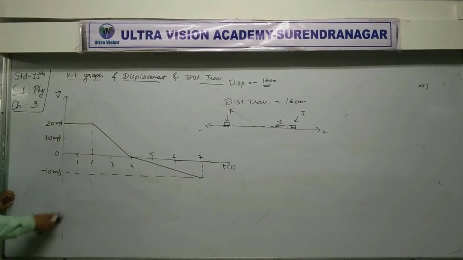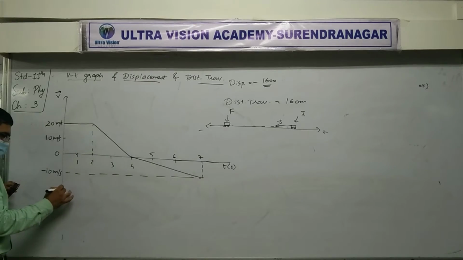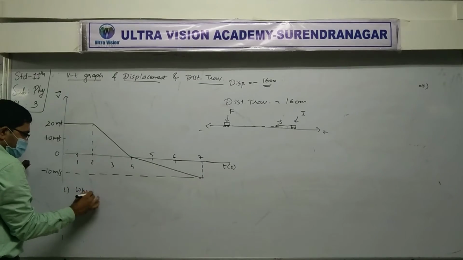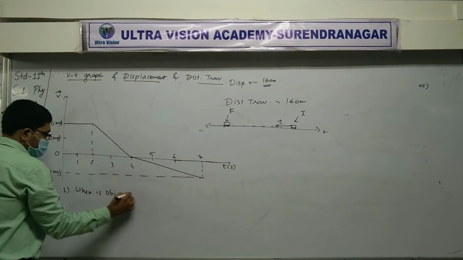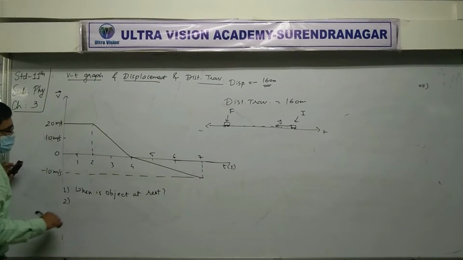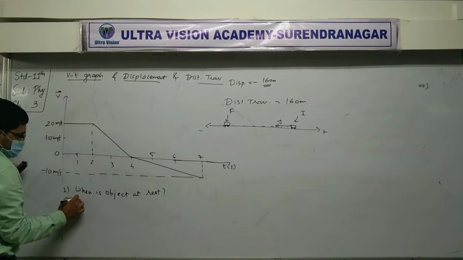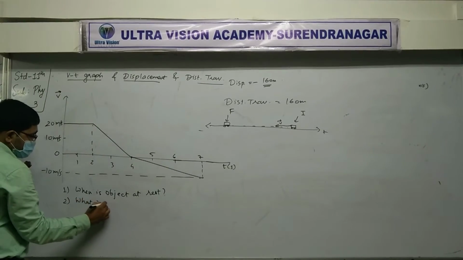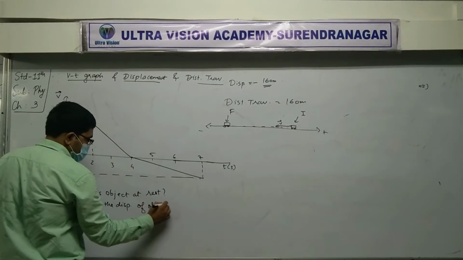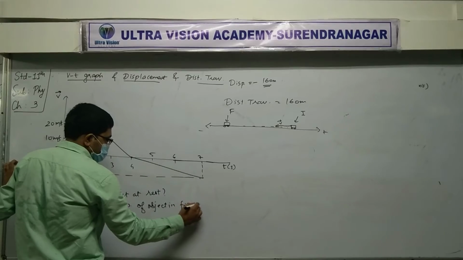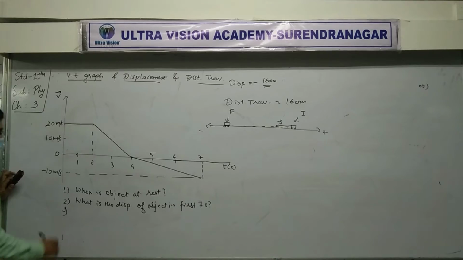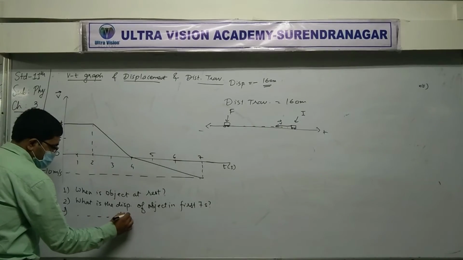Now, by referring to this graph, we have to answer the following questions. Number one, when is the object at rest? Number two, what is the displacement of the object in the first 7 seconds? Number three, same question, but distance traveled.